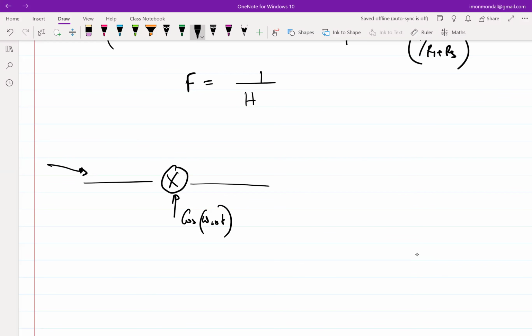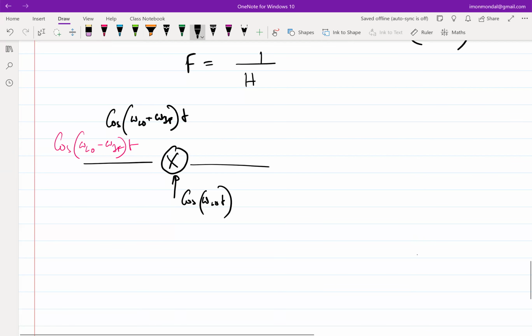So you have the signal at cosine of omega LO plus omega IF t, and another signal, the image, at cosine of omega LO minus omega IF t. After mixing and down converting, and throwing away the higher frequency components, what would I get?